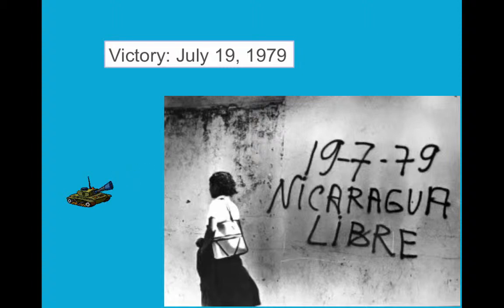It really ends because a great earthquake hits Managua, the capital of Nicaragua, and the international community sends supplies and everything we can, especially money, to Nicaragua to help with this earthquake. Kind of like what happened a couple of years ago with Haiti. Everybody's trying to help.